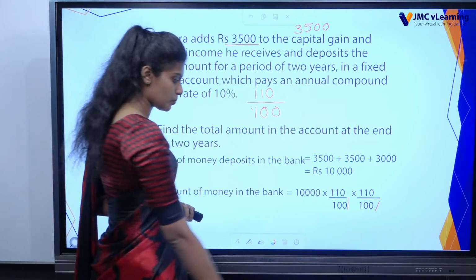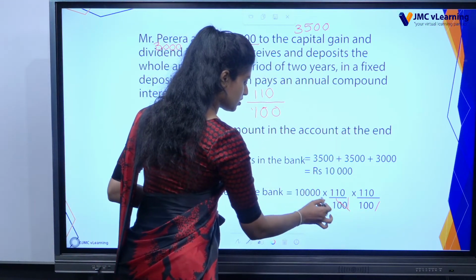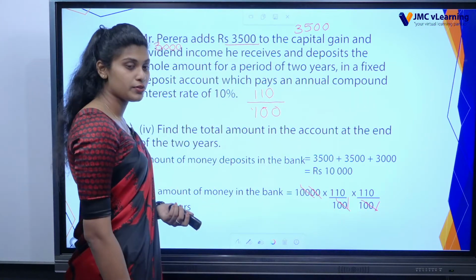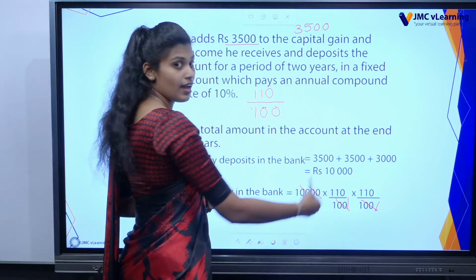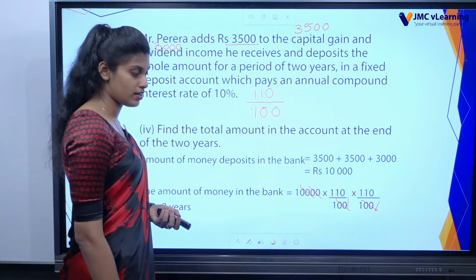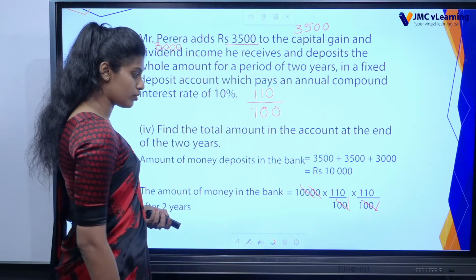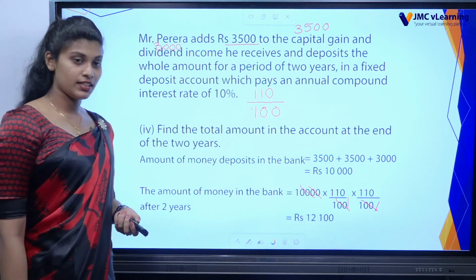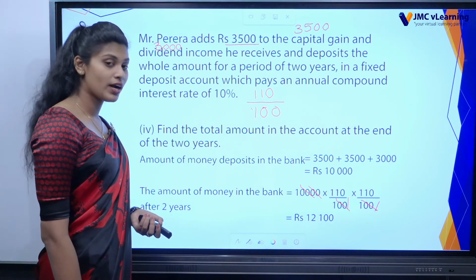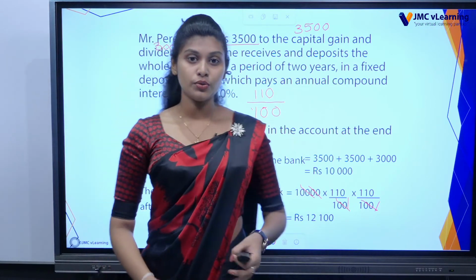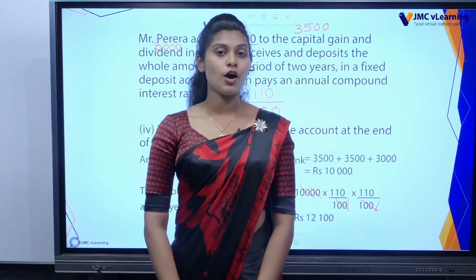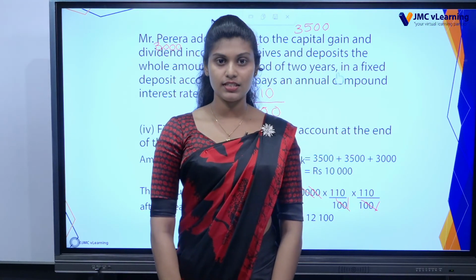Let's simplify this one. These 2 zeros can cut. These 2 zeros can cut. You have to multiply this 110 and 110. Here 11 into 11, 121 and 2 zeros. Finally, the answer is 12,100. I think you learned this lesson and you can understand this lesson. Now you can do all the exercises in this lesson.